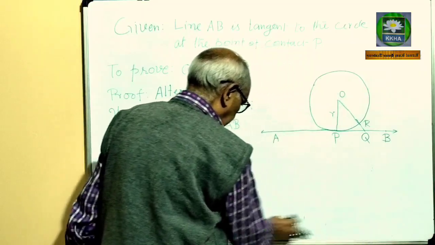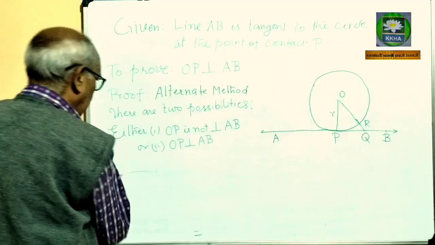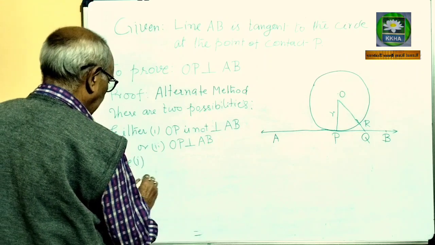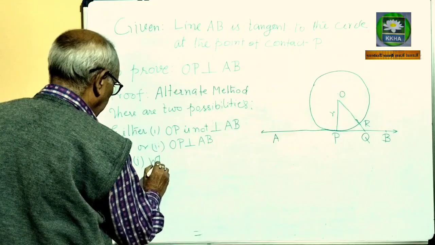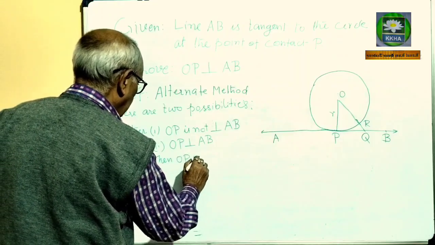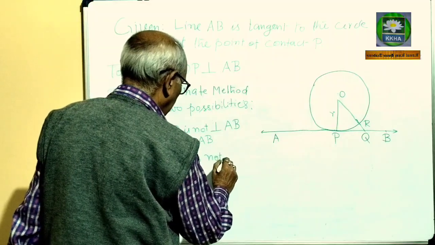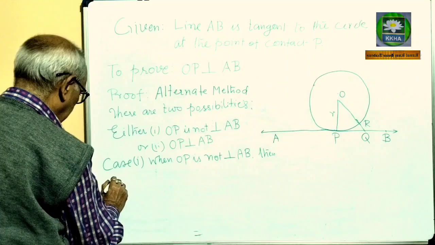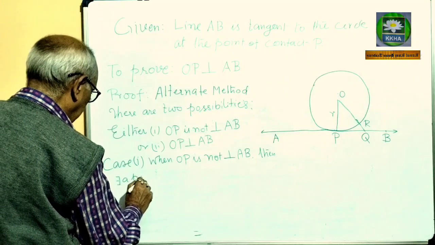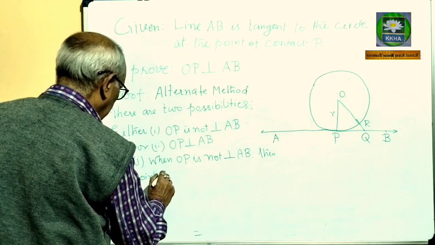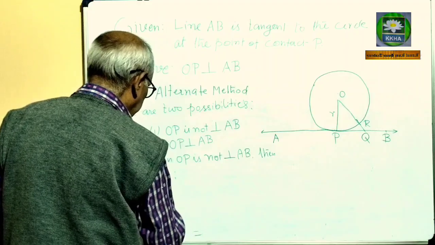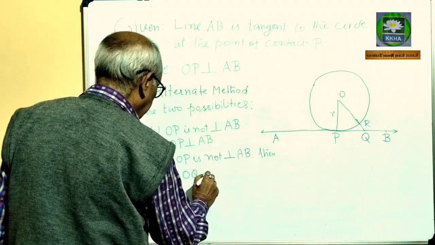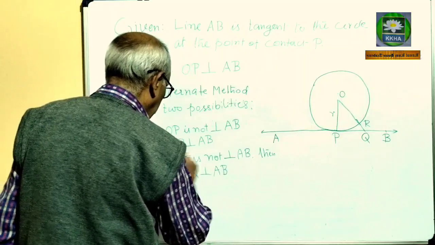Now case 1, when OP is not perpendicular to AB, then there exists a point Q such that OQ is perpendicular to AB.